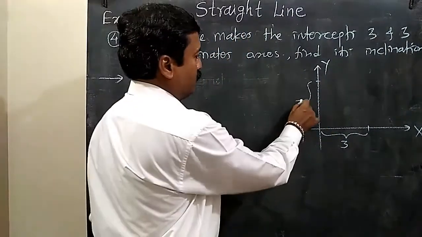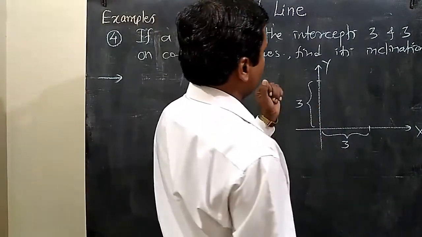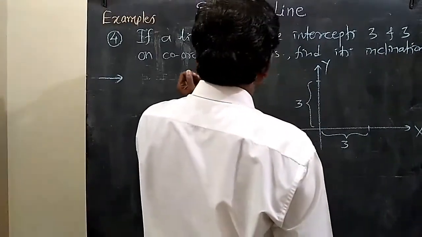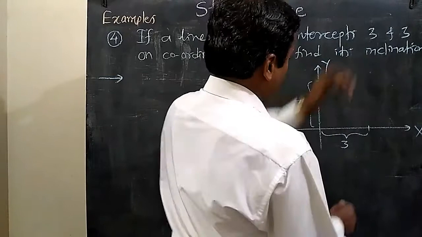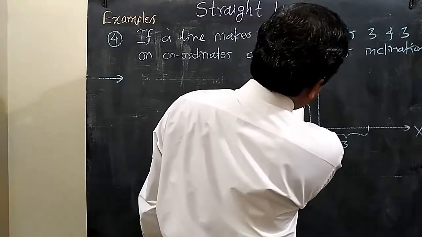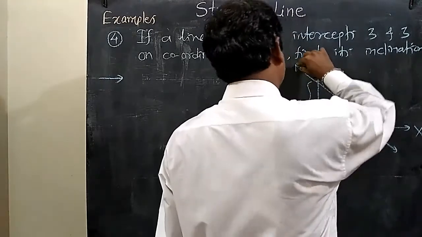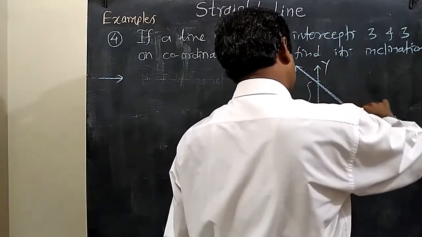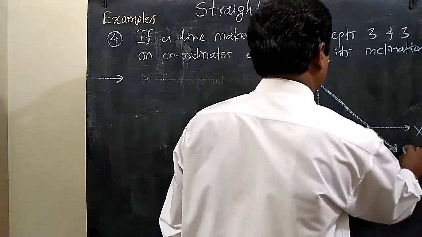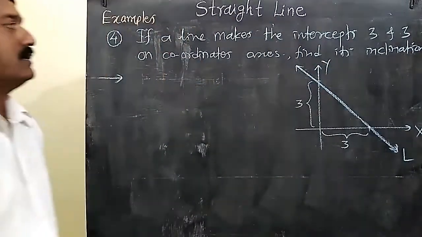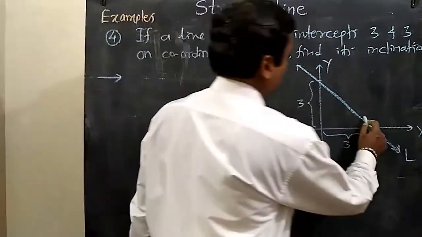So these are the two intercepts made by this line, and we have to find the inclination. So let us try to draw the line first, passing through these two given points. We have to find the inclination of this line.